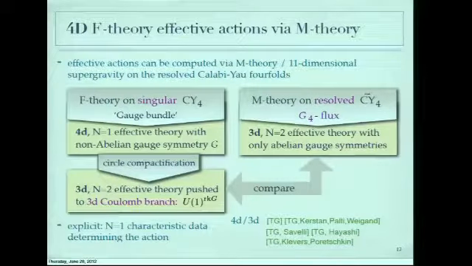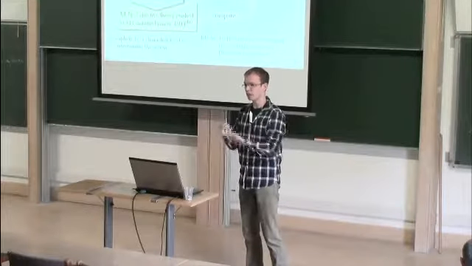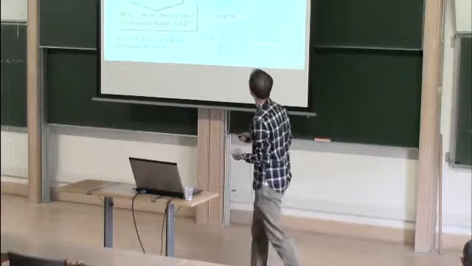So what we will do is, F theory on a singular Calabi-Yau fourfold with some gauge bundle, some flux bundle, gives a 4-dimensional effective theory which we want to determine with some non-abelian gauge symmetry. We put this on the circle, we push this to 3 dimensions, and we go to the 3-dimensional Coulomb branch. Then we determine this effective theory by computing the effective actions, including certain loop corrections.